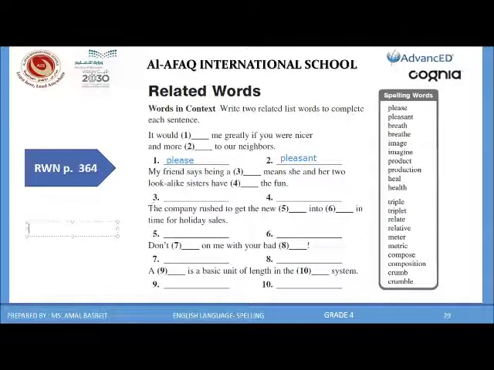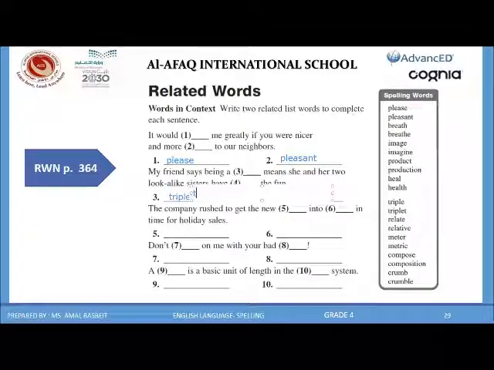Number 3 and 4. My sister says being a means she and her two look-alike sisters. So she and her two look-alike sisters, that means there are 3. So they are triplets. And the related word for triplet is triple.